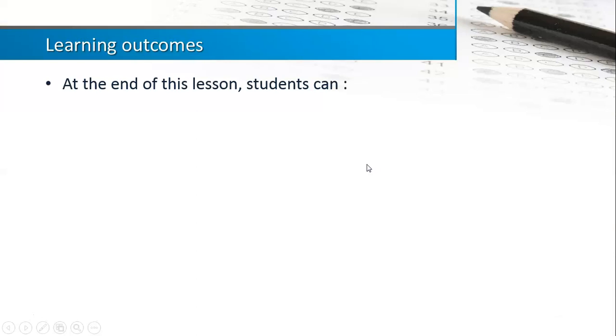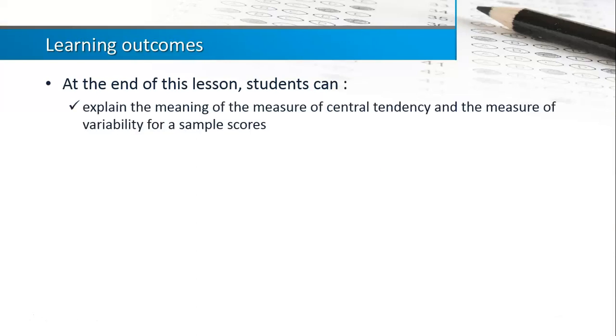So in this unit, you should be able to explain the meaning of the measure of central tendency and also the measure of variability of a sample score.